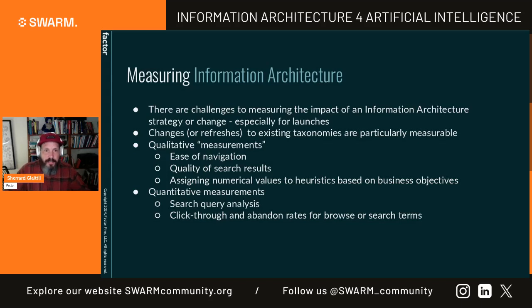And lastly, quantitative measurements. I forgot to mention, but for qualitative measurements, I highly recommend that if you are able to assign numerical scores to demonstrate how things fit within the qualitative measurements, that's very, very helpful for communicating the benefits of an ontology or a taxonomy without quantitative data.